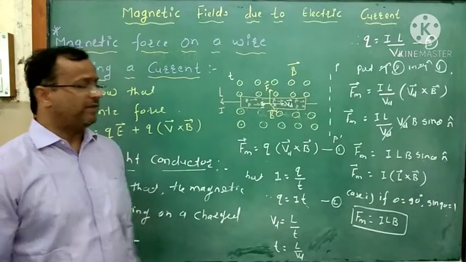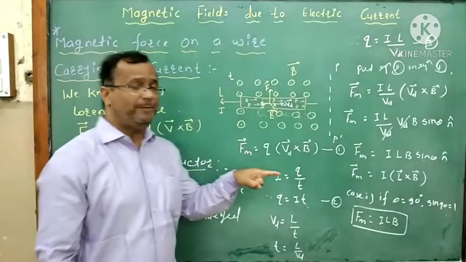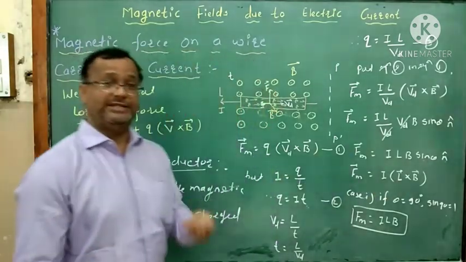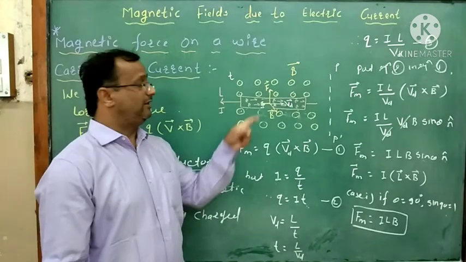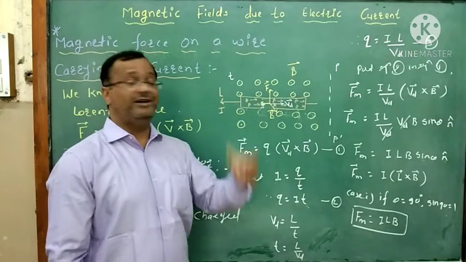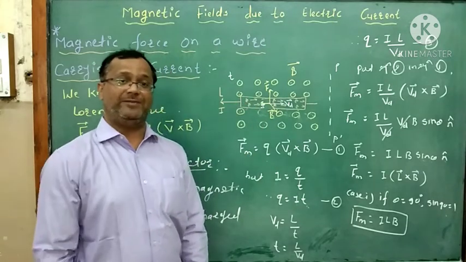But suppose we consider the angle between L and B is 0. It means that we place this conductor along the direction of the external magnetic field.